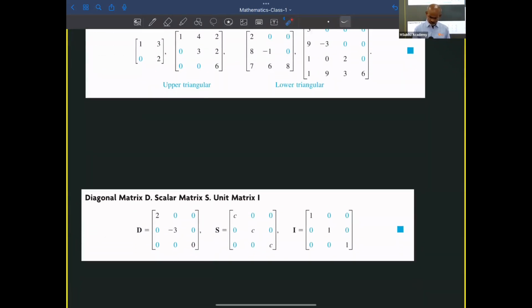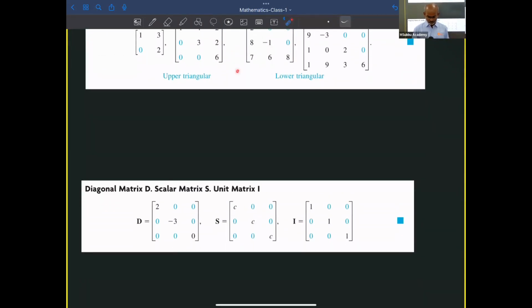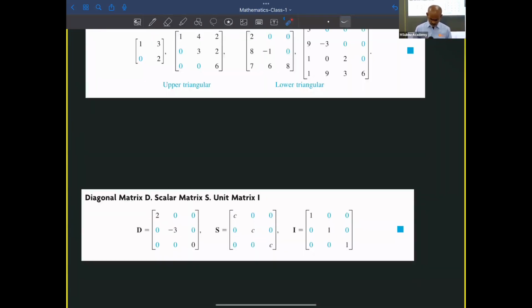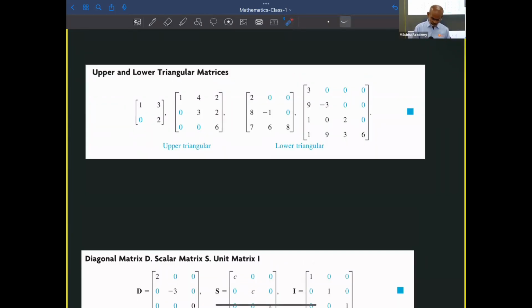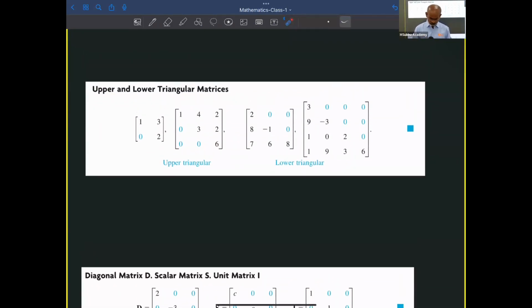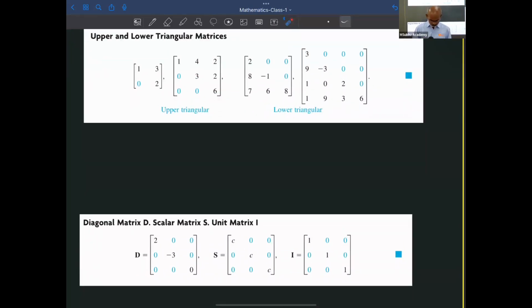Okay, so these are all very helpful and we can easily take the determinant for this kind of triangular matrices. In that case the determinant will be simply the multiplication of the diagonal elements. In that way they are very simple. And also for solution of equations you need to have it in triangular form.